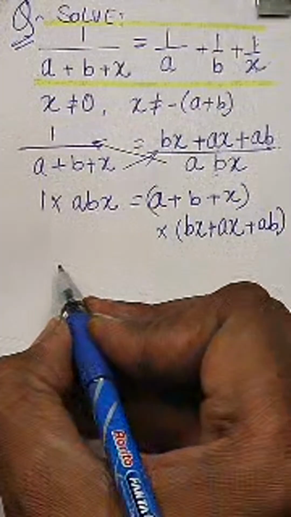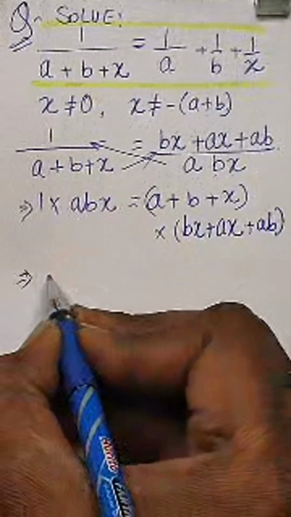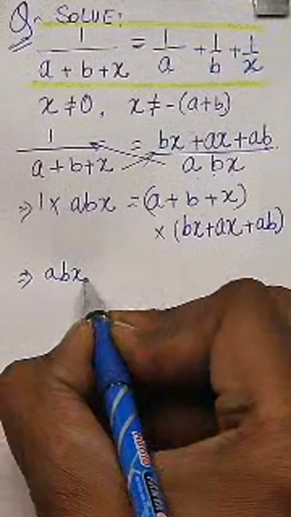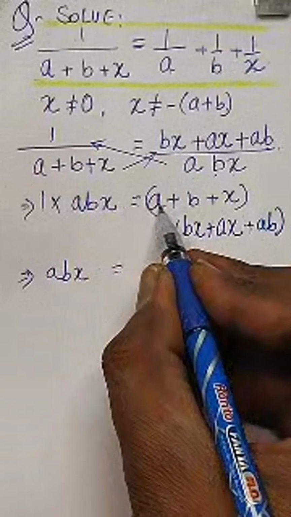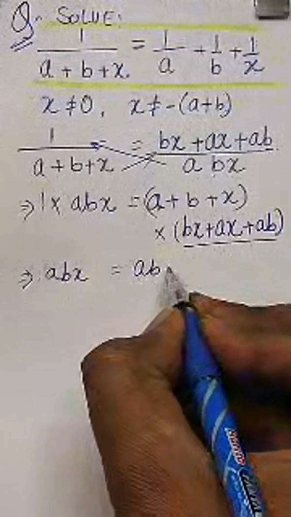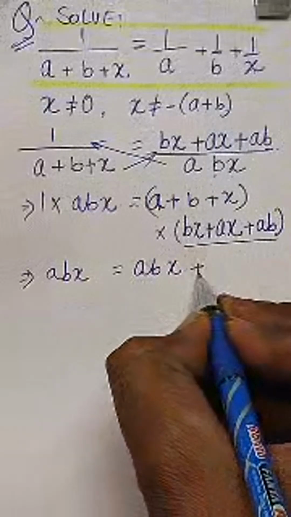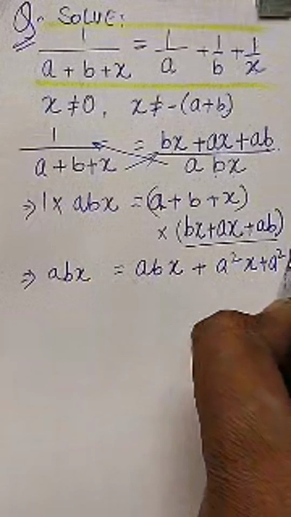In the next step, if you multiply with a, it will become abx plus a square x plus a square b.